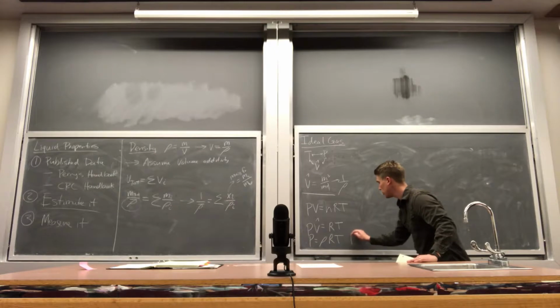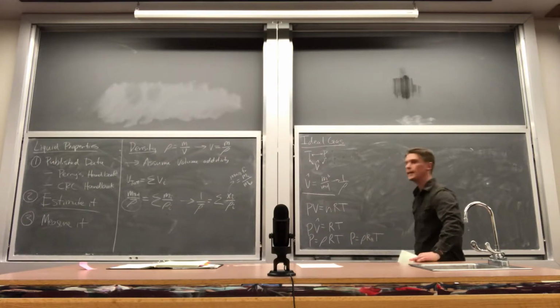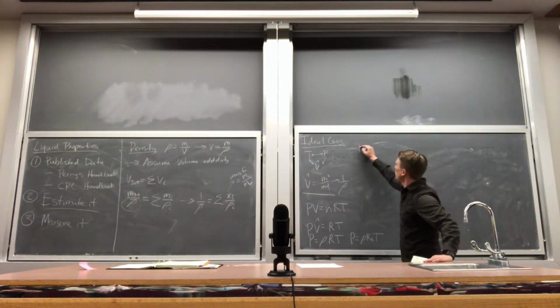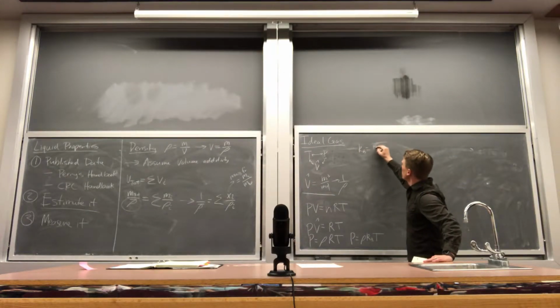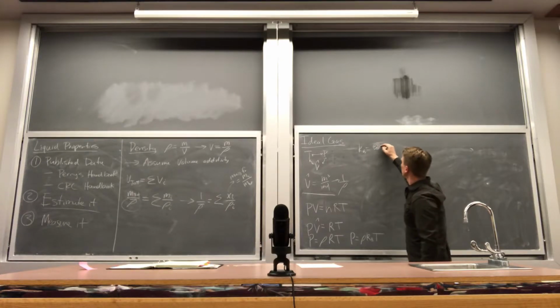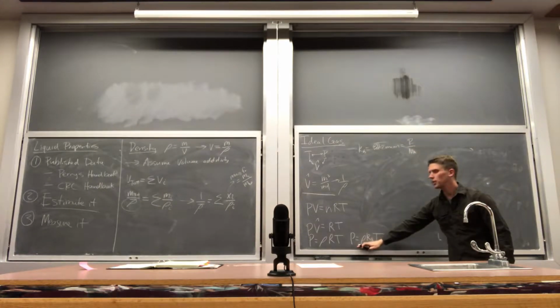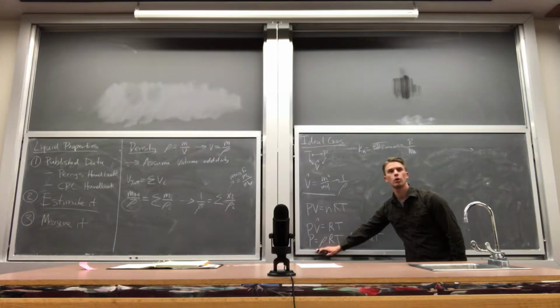Or you could see it as P equals rho k_B T, where k_B is the Boltzmann constant, which is equal to R divided by Avogadro's number. This expression here is for per individual molecule. This expression here is for per individual mole.